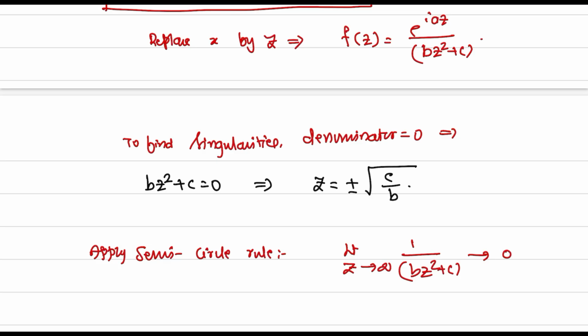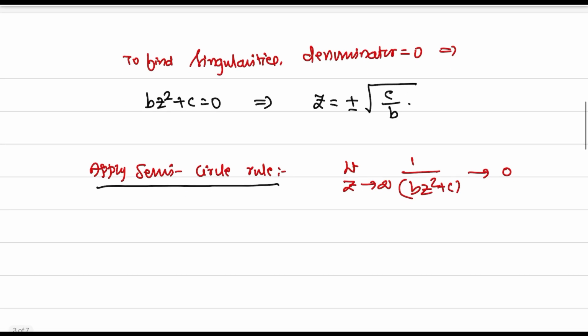Hence, we can safely apply the semicircle rule. For the explanation of the semicircle rule, please refer to my earlier lecture. Now, we are fit to apply the semicircle rule. From the semicircle rule, what is the rule?